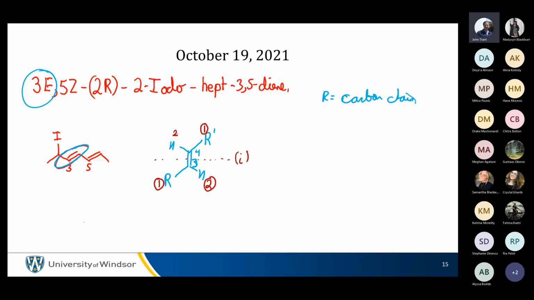Whatever the carbon chain is. Like you can draw the whole thing if you like, but you come up with the same answer. Then once I've done that, I draw line 2. And I try and figure out, are the ones on the same side of that line or on opposite sides of that line? And they're on opposite sides of that line. So what I've drawn is an E double bond.